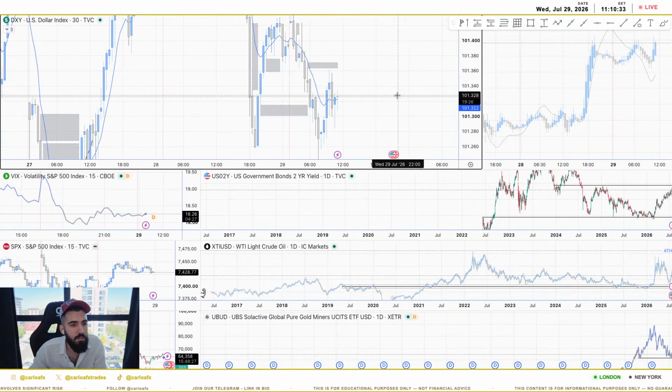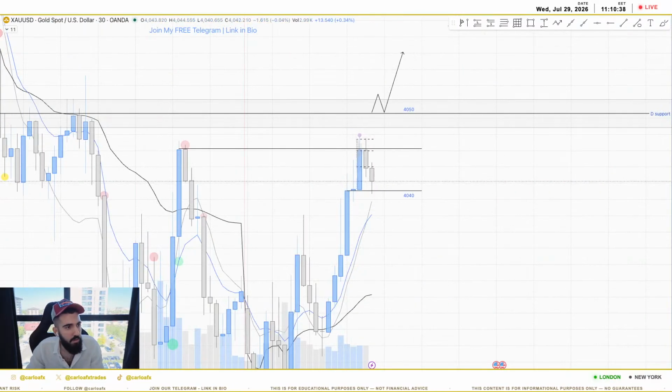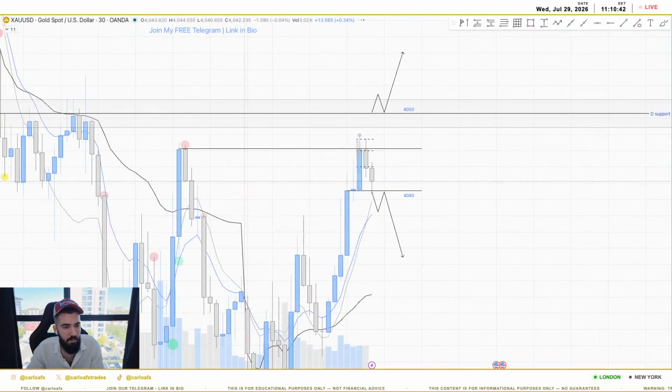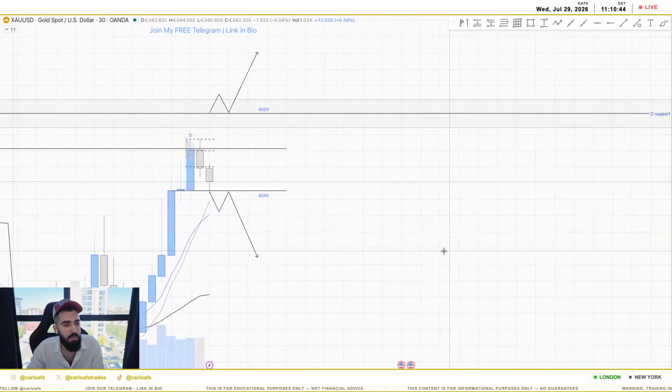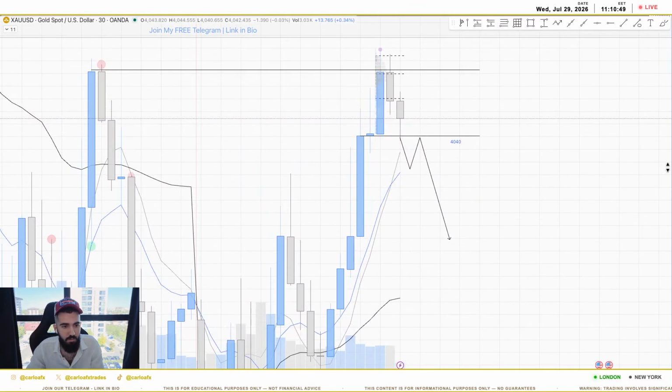Okay, the dollar index looks pretty nice. On 30 minutes, this can be a beautiful trade to take now.